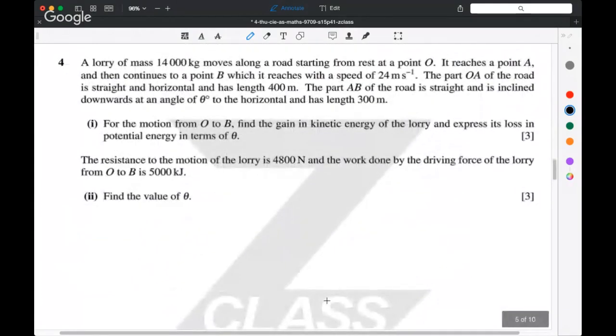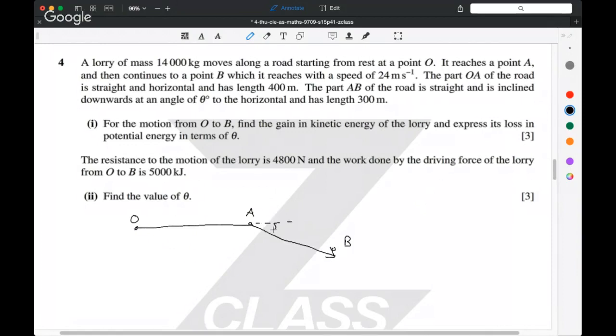Okay, question 4. So now the first question we have here is quite obviously a conservation of energy question, because they've deliberately asked us for the energies. So we have a lorry moving from O to A and then down to B. It's going along a straight horizontal line, and then it goes downhill some.